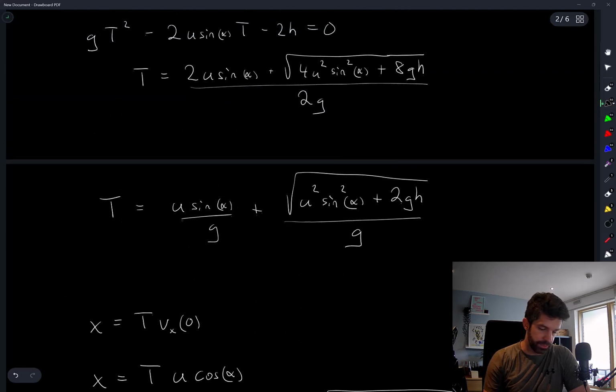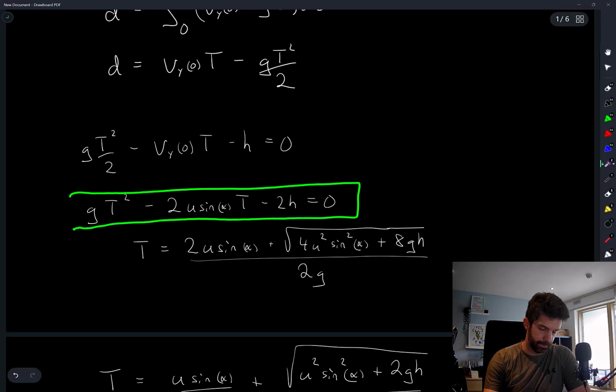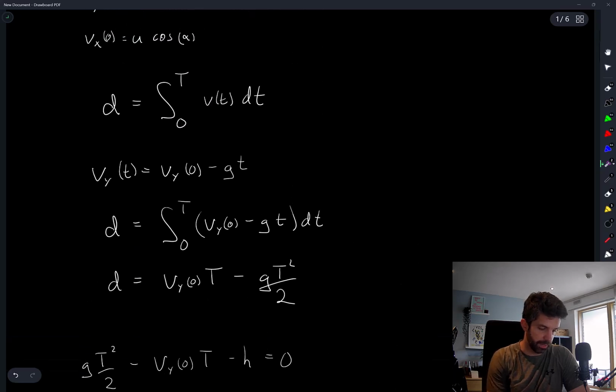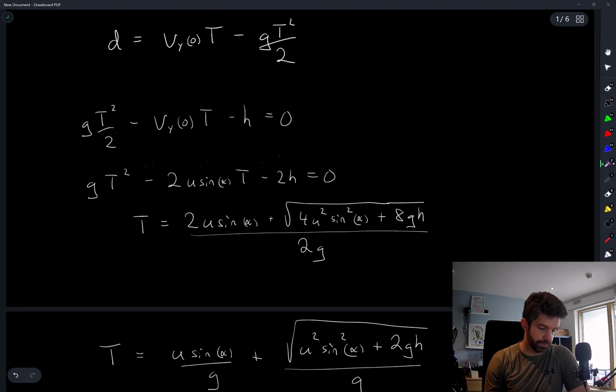So what I'm going to do is take this expression that I have, which the time satisfies, and multiply both sides of this by u squared times cosine squared alpha, then I might be able to group things in a particular way.